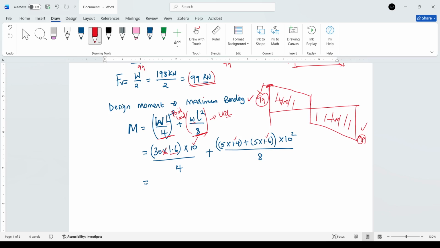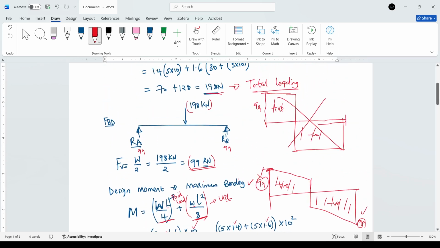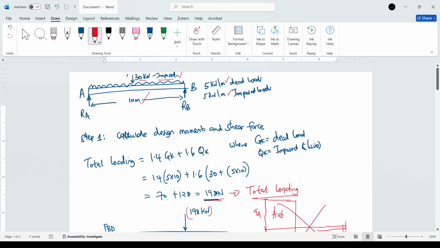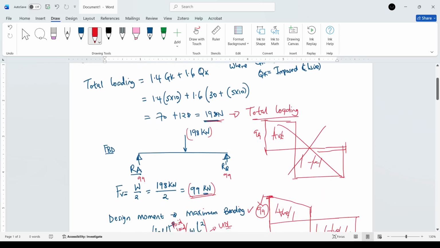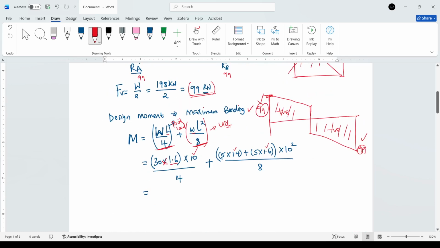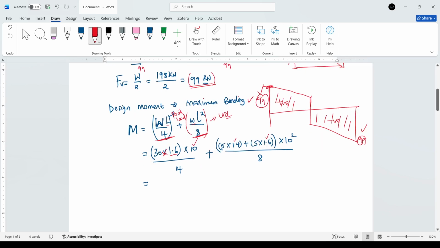It can't be a UDL if it is at the center. It will just be a point load still. Okay. But if you're given it as a point load, you're just going to use WL over 4. That could be very easy.